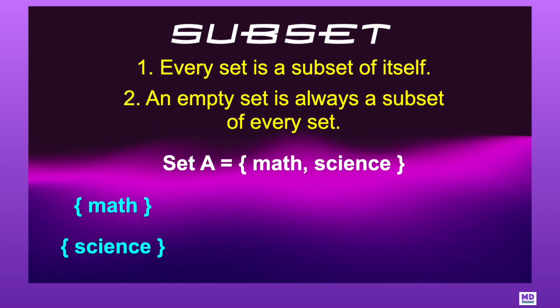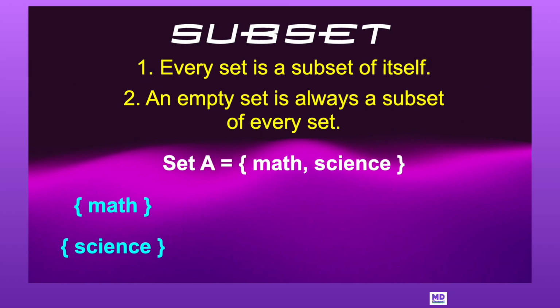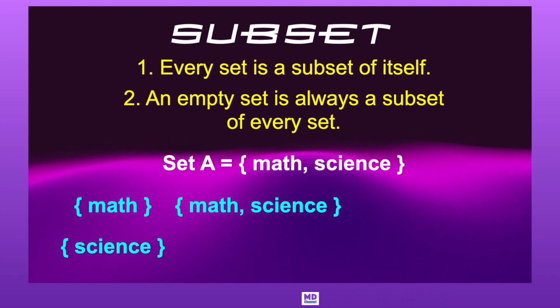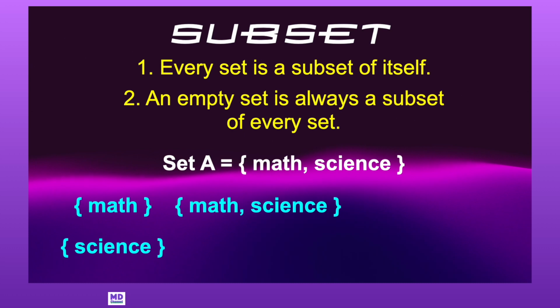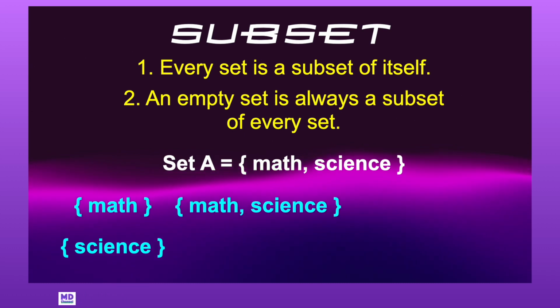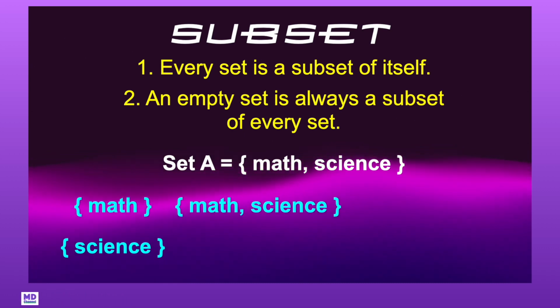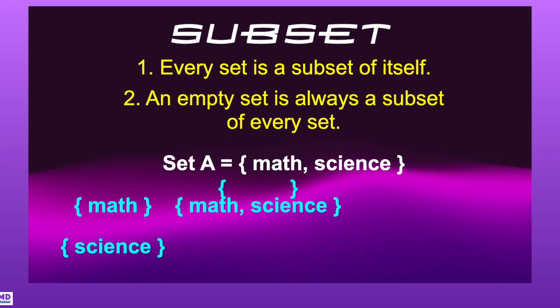So, the set containing math and science is also a subset of set A. And in the second fact, an empty set is always a subset of every set. So, an empty set is also a subset of set A.